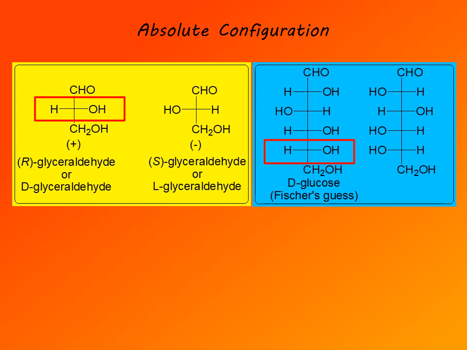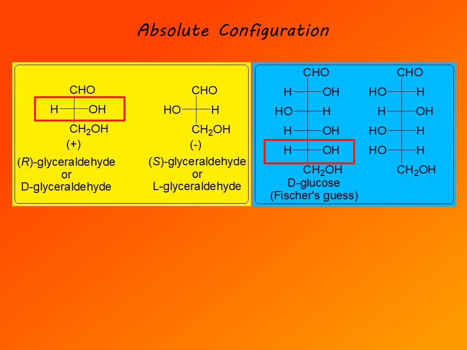In 1951, a group of Dutch chemists led by Bijvoet were able to determine the absolute configuration of sodium rubidium tartrate. They were using a special technique called anomalous X-ray dispersion, and they were able to distinguish one enantiomer from the other. And they showed that the Rozanov and Fischer guesses were actually right.